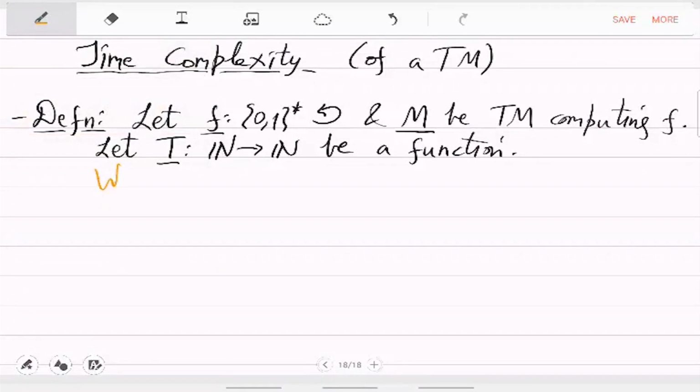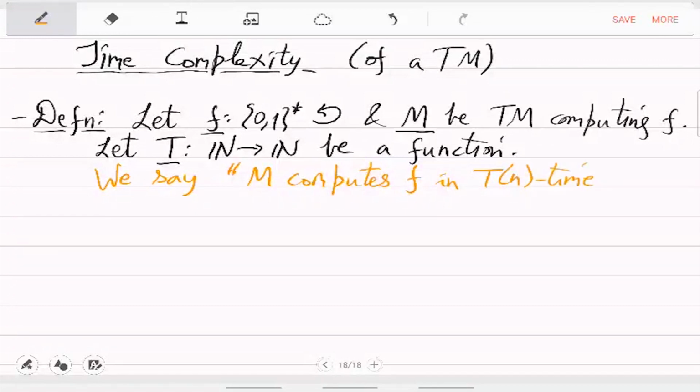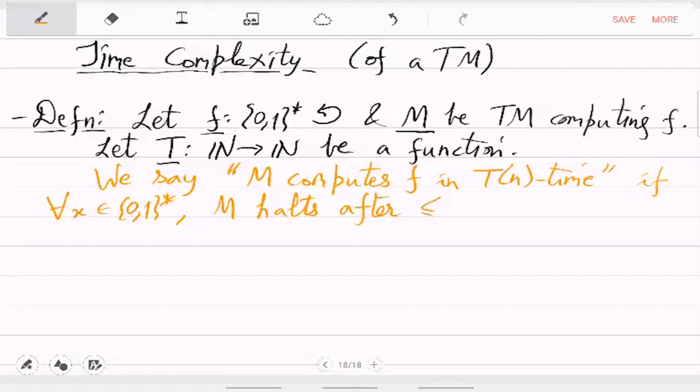So we say that M computes F in T(n) time if for all input strings X, M halts after at most T of the length of X steps.